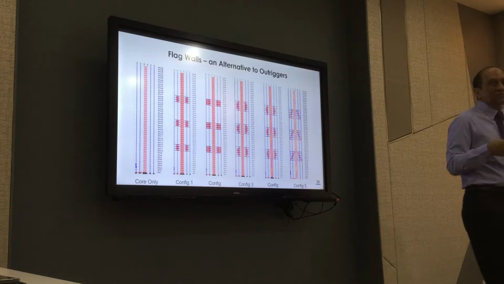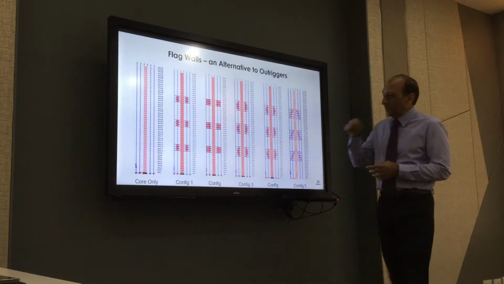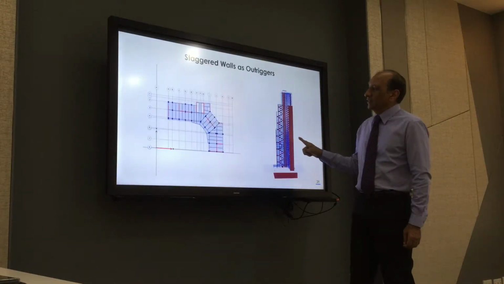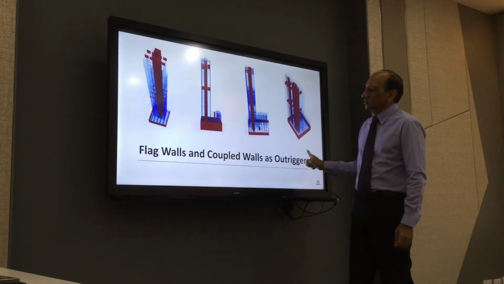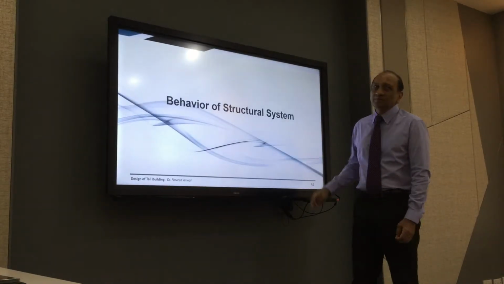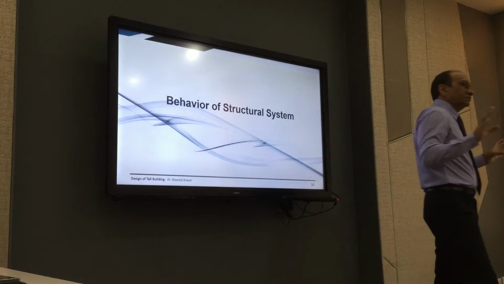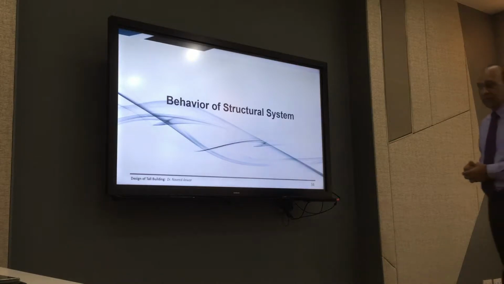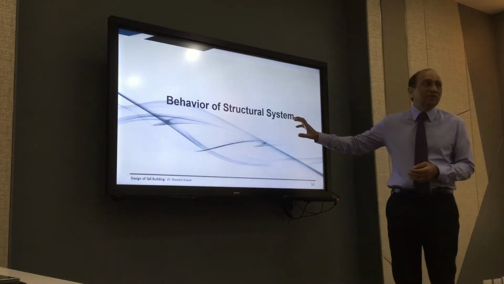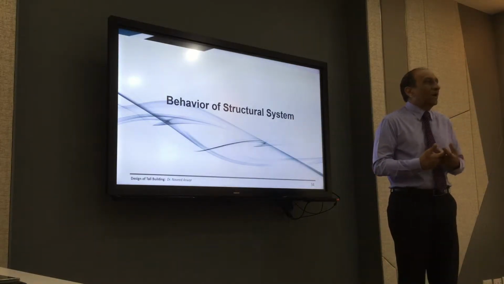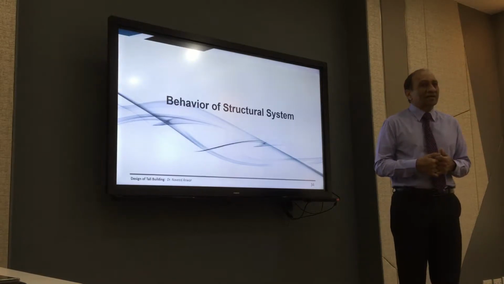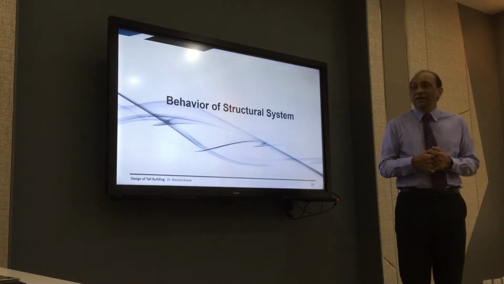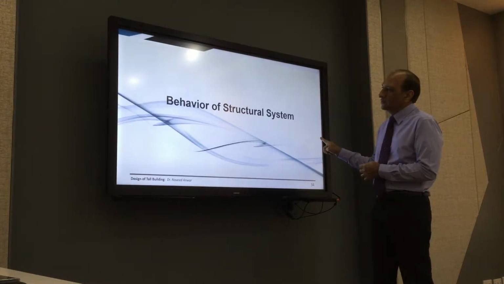So you have local problems that need to be solved. So once we understand all of that, then we can use them in building configurations. So this is an overall view of how you can create systems by combining things together. So let's look at a little bit more detail on how this works and why it works and what we need to understand for the systems to have a good efficiency.